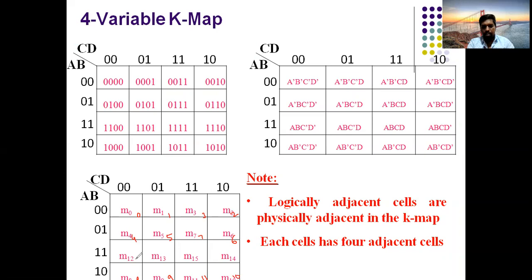Remember this. What sequence do we get as the cell numbers? 0, 1, 3, 2, 4, 5, 7, 6, 12, 13, 15, 14, 8, 9, 11, 10. So this will be your cell numbers for the 4 variable K-map.